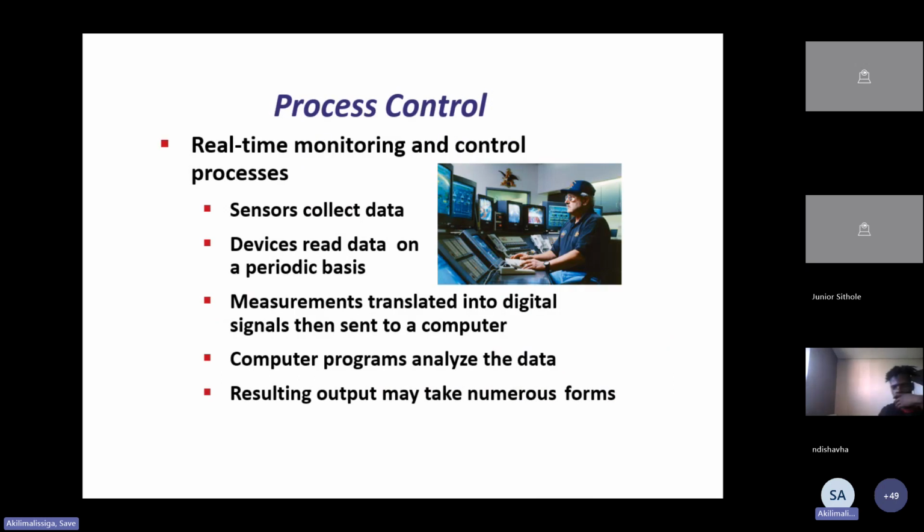Process control is related to the use of sensors, right? Those sensors will collect the information or data that are digitally transferred to a computer. And from the computer, the data can be analyzed or used in order to create what you call a process chart.